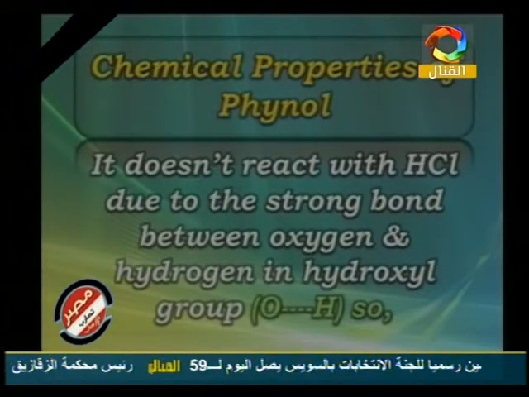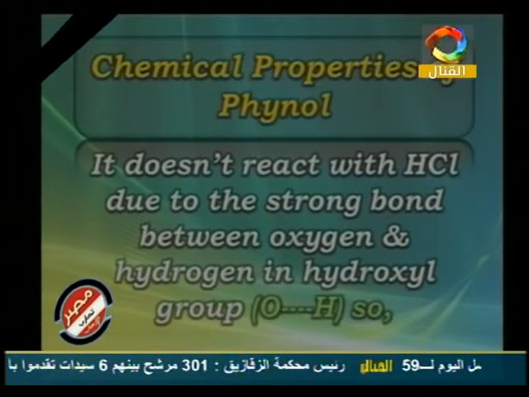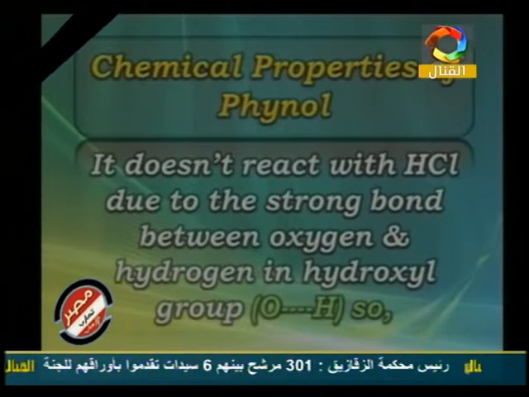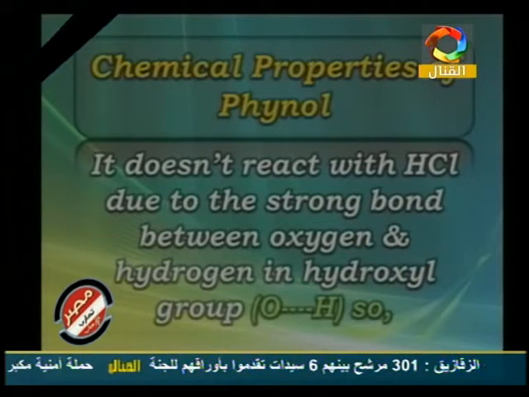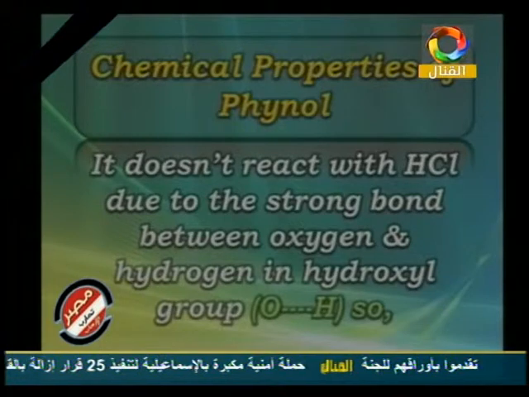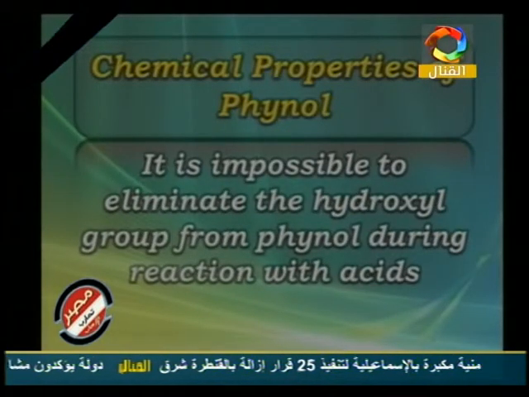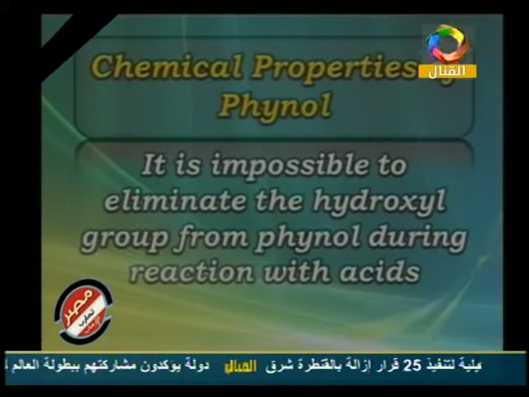Again, the two acids here, HCl and phenol, don't react with each other because of the strong bond between hydrogen and oxygen. So it's impossible to eliminate the hydroxyl group from phenol during reaction with acids.